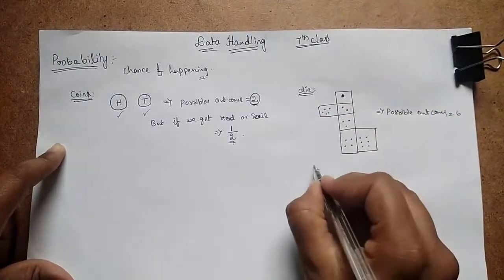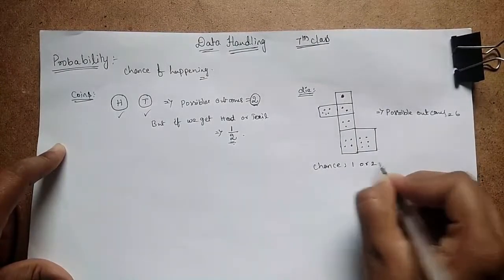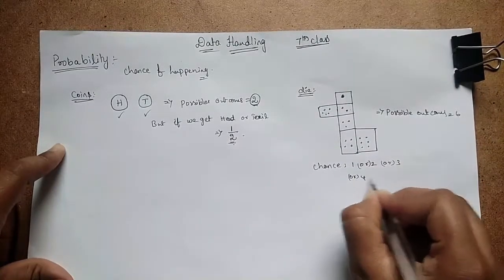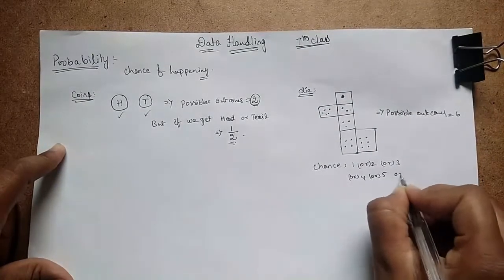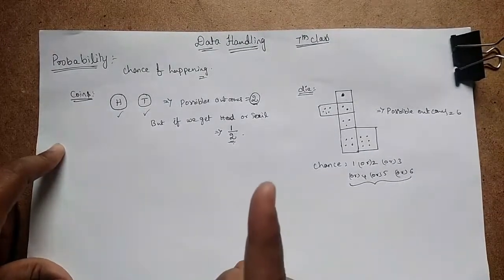But we get a chance of either 1 or 2 or 3 or 4 or 5 or 6. From those 6 we get only one happening.